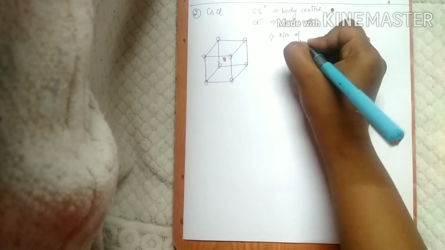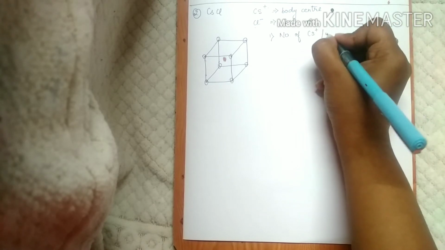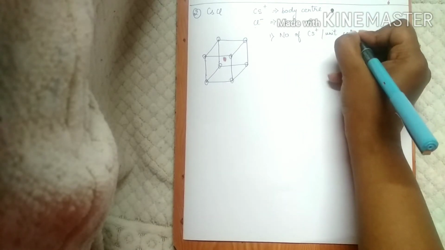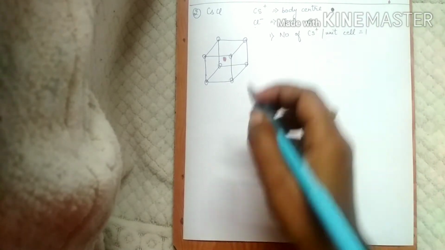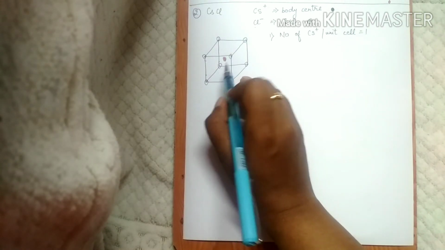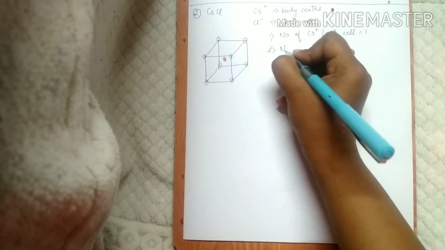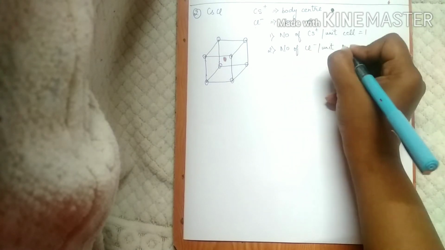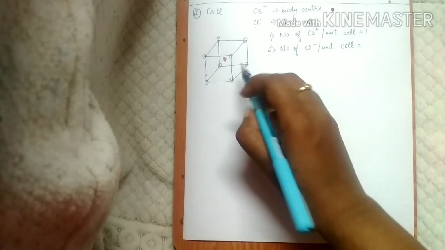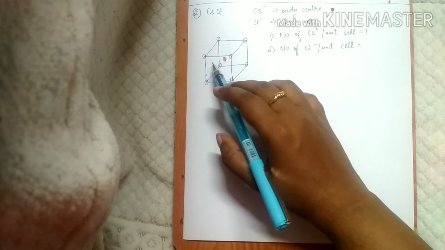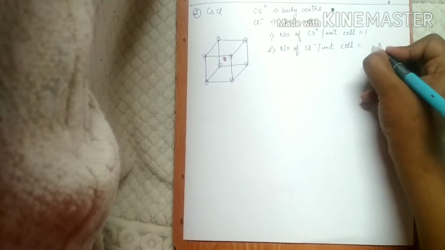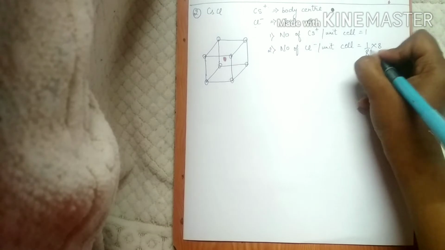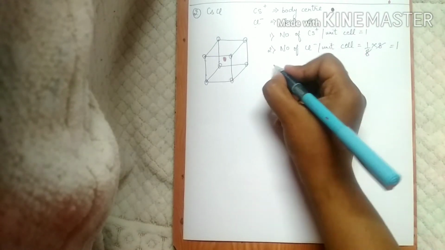Number of Cs positive per unit cell, that will be equal to 1 because only one Cs is present which is contributing fully. Second is number of Cl negative present per unit cell. There are 8 Cl negative present and each contributing 1 by 8, so it is also 1.